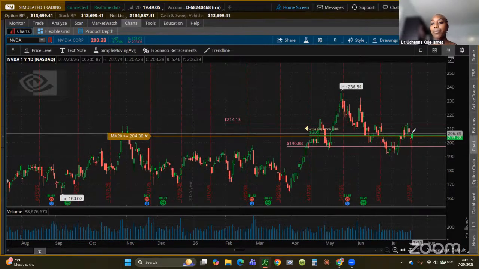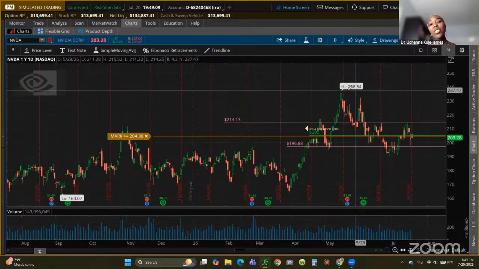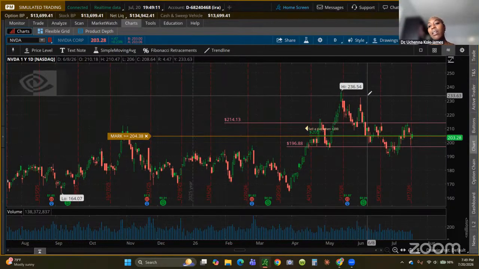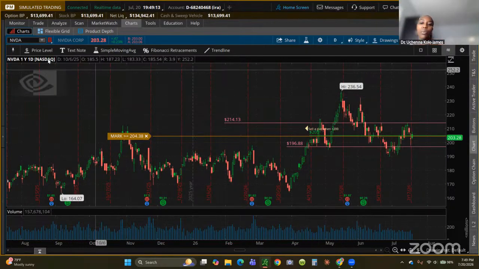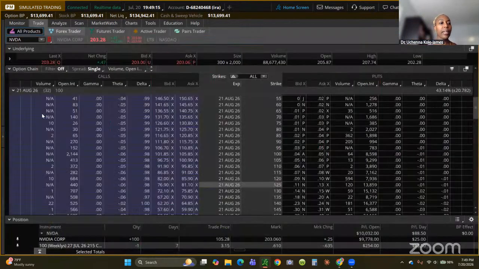The AI trade has been selling off a lot, but let's just say we're bullish on NVIDIA. The most liquid options are the ones that expire the third Friday of the month. What day is that? August 21st.